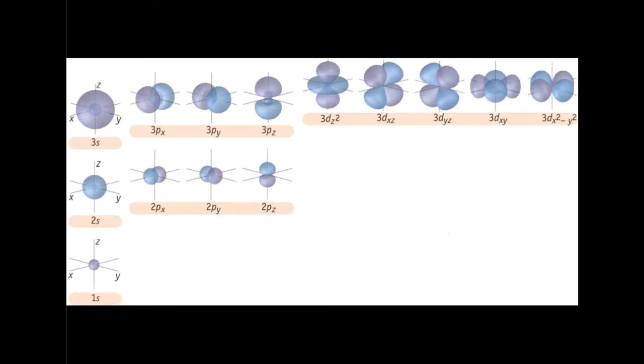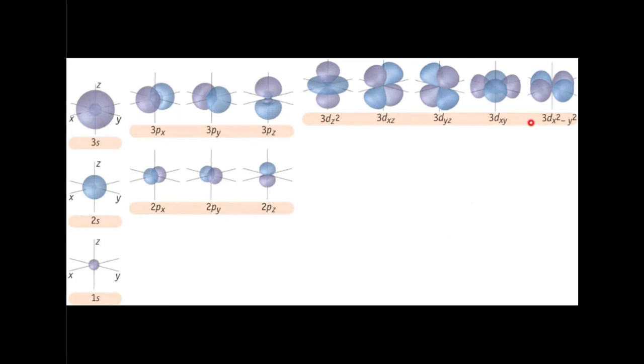We first of all realize that our low energy orbitals are smaller. They tend to be smaller in size. And as we increment that principal quantum number and go up to principal quantum number 2, we get different shapes, but they're all bigger than principal quantum number 1.